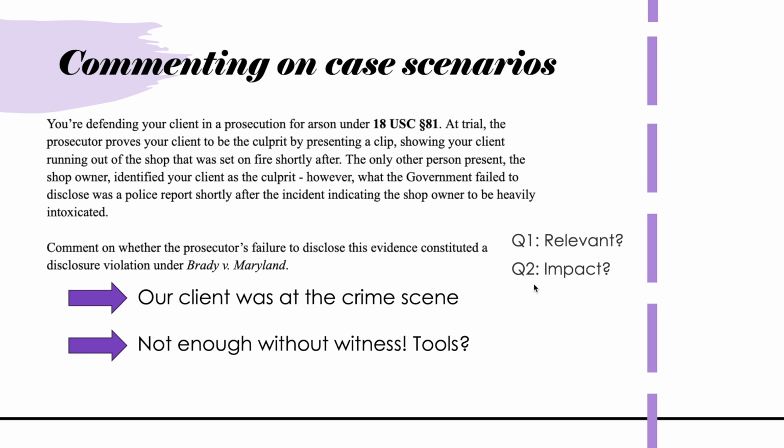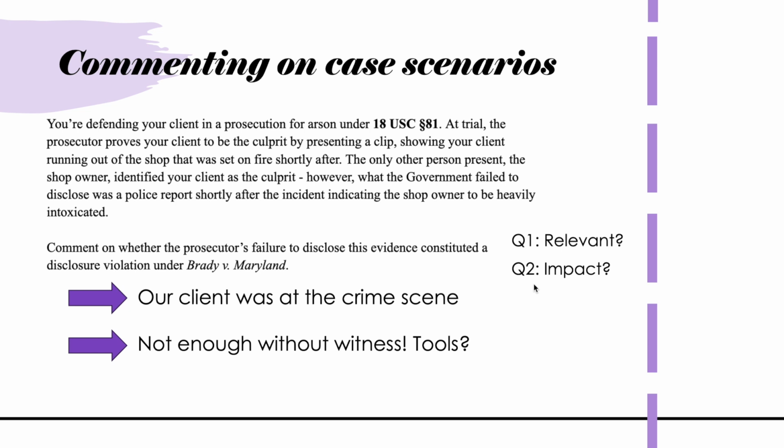So let's apply this Brady test. First of all, was the evidence that was withheld relevant to the case? Of course it was. It shows that the only source that could identify our client as the culprit was heavily intoxicated at that time, so it's unreliable. And the second question is whether that evidence would have had any impact had it been disclosed.